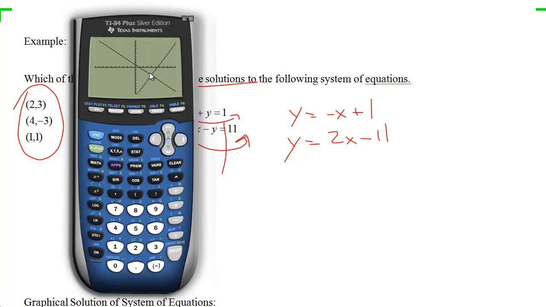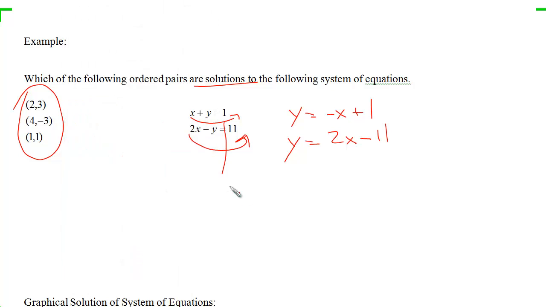And it appears as though they have a solution right there. I could find that on my table, and what I'm looking for is when these share the same value. It looked like it was somewhere just over in the positives of x's, and it was a negative y value. And I see that actually occurs right here, 4, negative 3. So that is my correct answer.